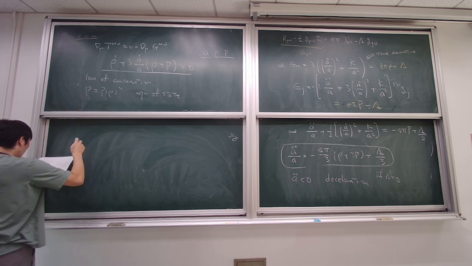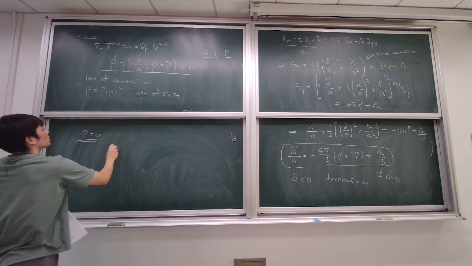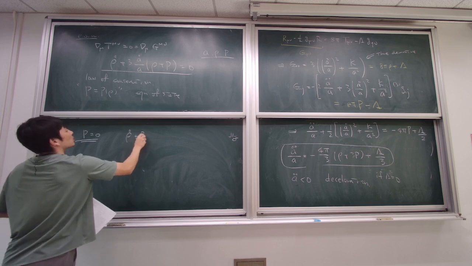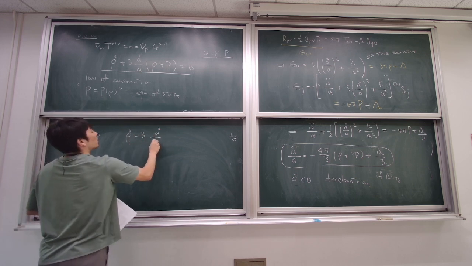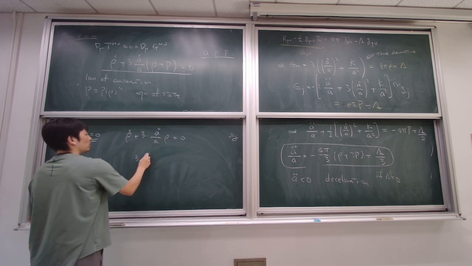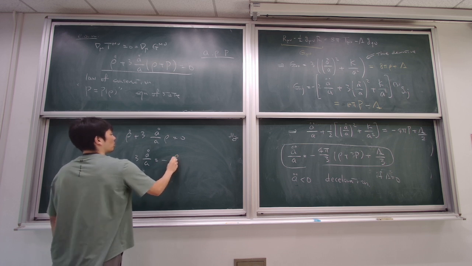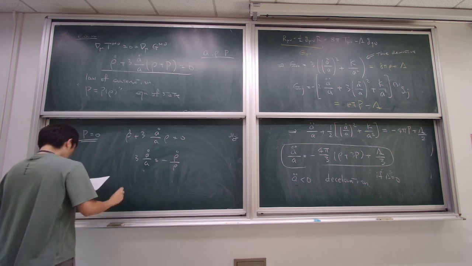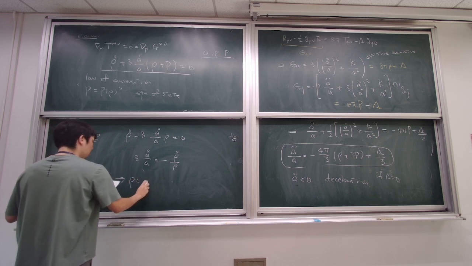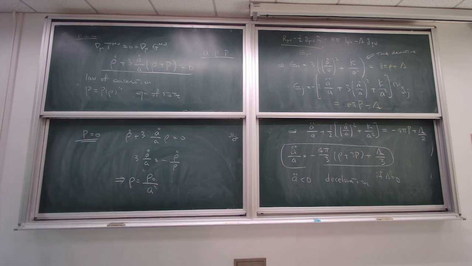So we can set P equal to 0. Pressure can be neglected, so we plug it in: rho dot plus 3 A dot over A times rho equal to 0. From here, 3 A dot over A is equal to minus rho dot over rho, and rho is equal to rho 0 over A cubed. That's the behavior.